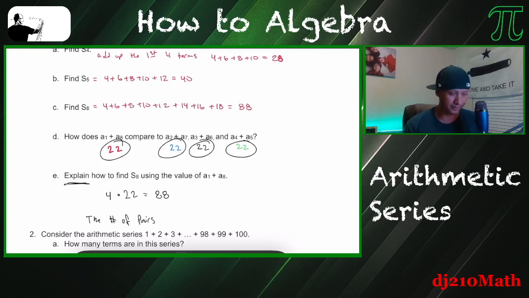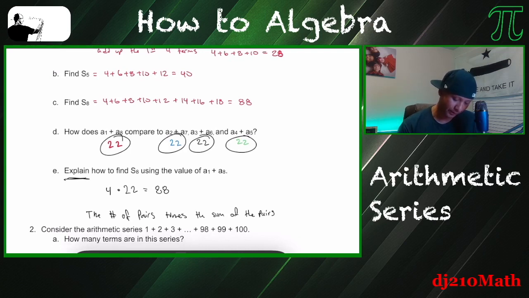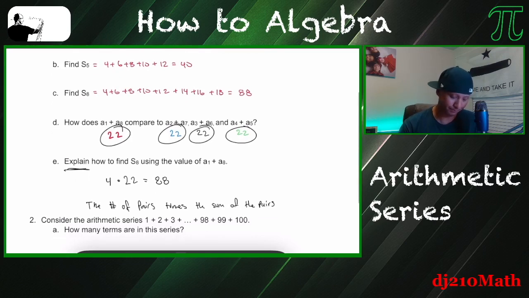So the number of pairs times the sum of the pairs, particularly the first and the last one. As long as it's an arithmetic sequence, the pattern should be the same, right?